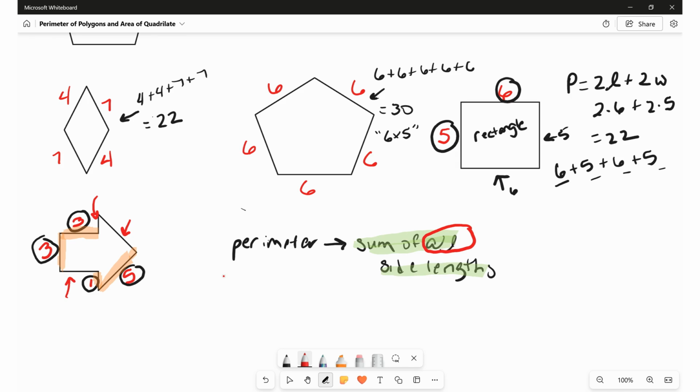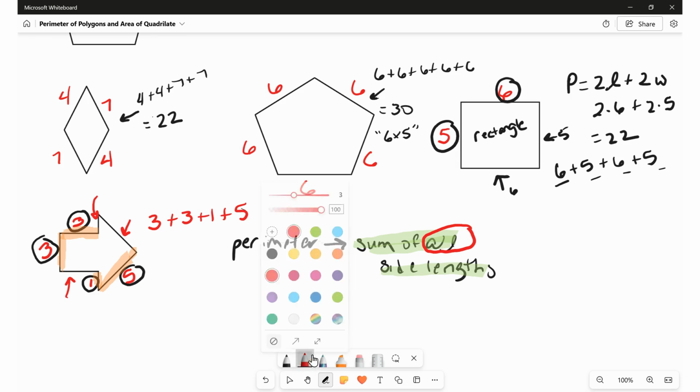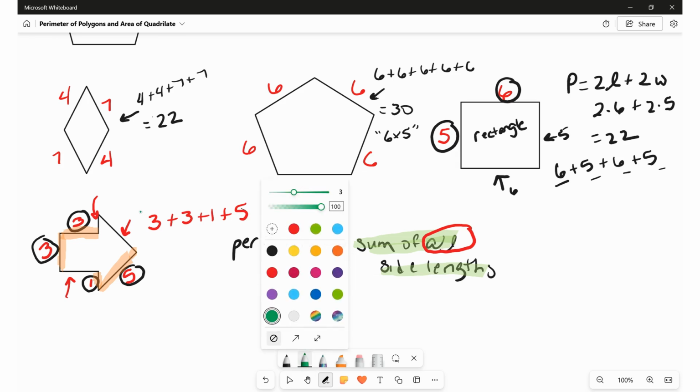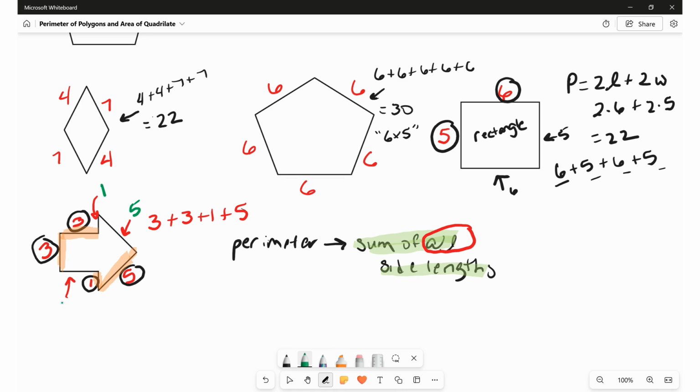Well, when you're given a figure like this, you can assume that the parts that look like they're the same actually are. So what we're given here, we have 3 plus 3 plus 1 plus 5, but then also this would be 1, this would be 5, and this would be 3.